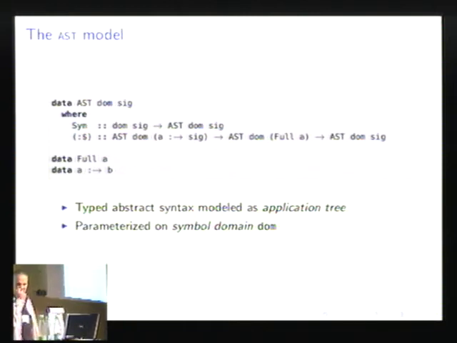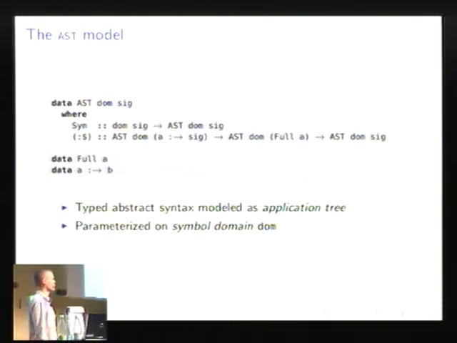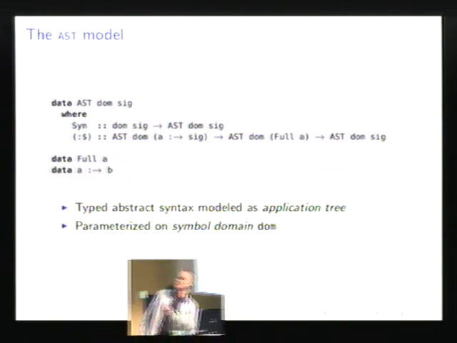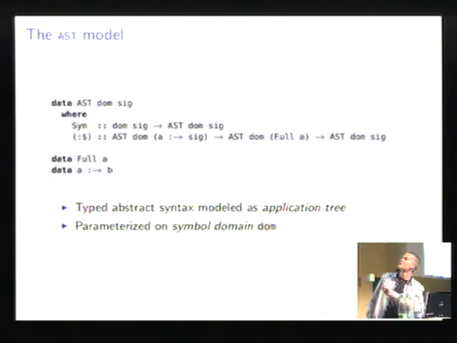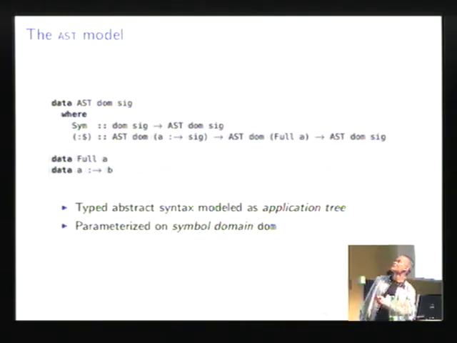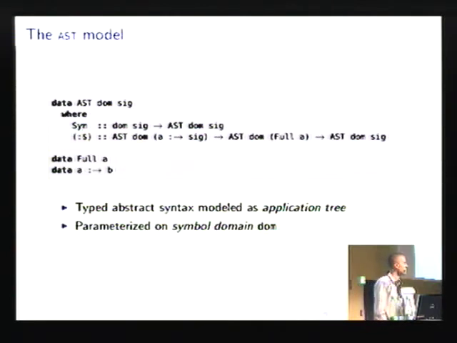It's the type called AST, which is really nothing but an application tree. So we have symbols and application. If you ignore the colon before the arrow and the full type constructor here, you see that it's really an application operator. If you're interested in what colon, arrow, and full are used for, you can find more details in the paper.